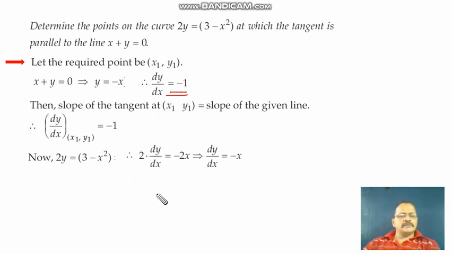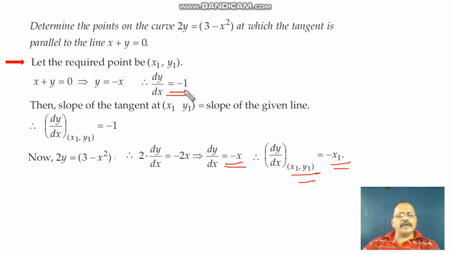Differentiate this. 2 dy by dx is equal to 3 derivative 0 minus x square derivative is minus 2x. This implies that dy by dx is equal to minus x. And therefore dy by dx at point x1 y1 is minus x1.